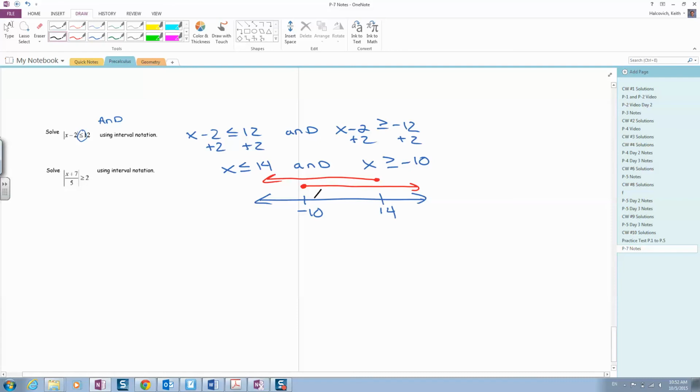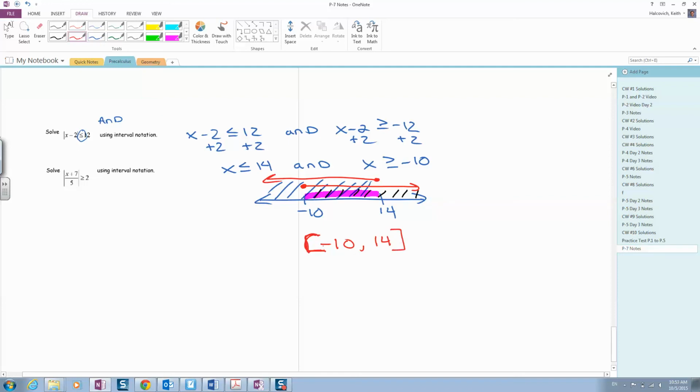So if you notice, the rain comes down here, and the rain comes down here, and it overlaps, because it's an and, so you want to know where it overlaps, right here, between negative 10 and 14. So our answer is negative 10, and now we should have a bracket, because it includes it, to 14. Both of them are brackets.